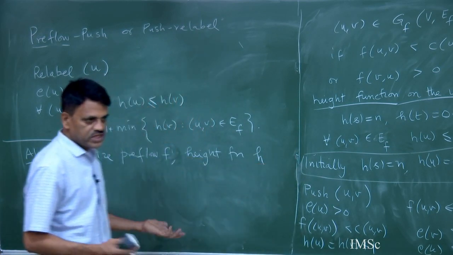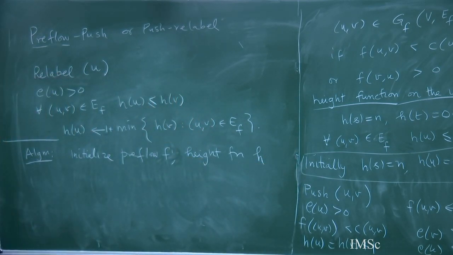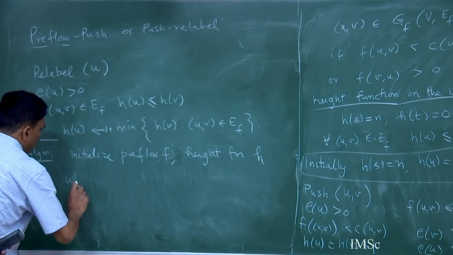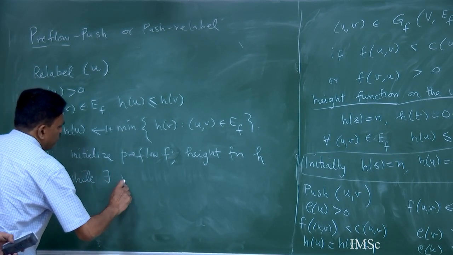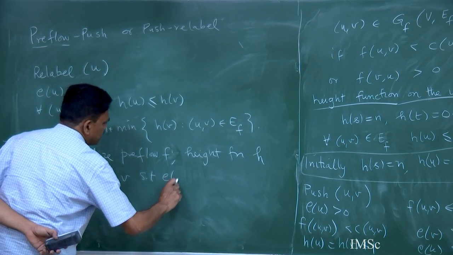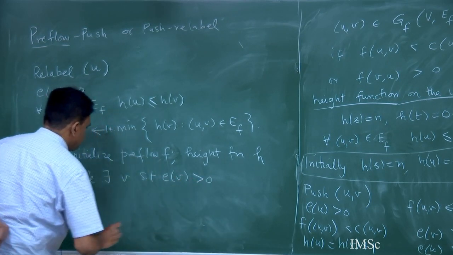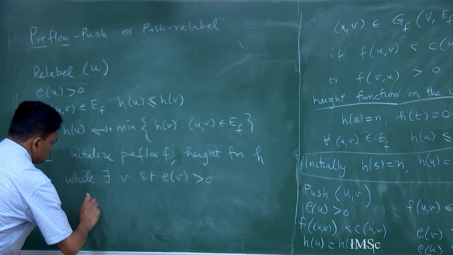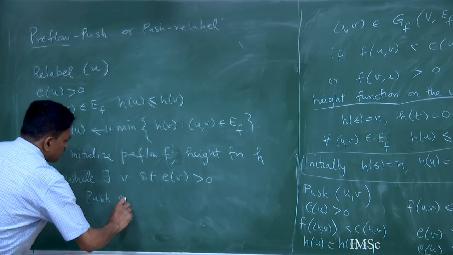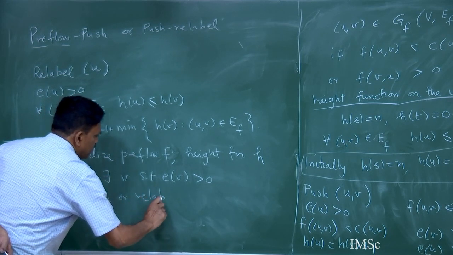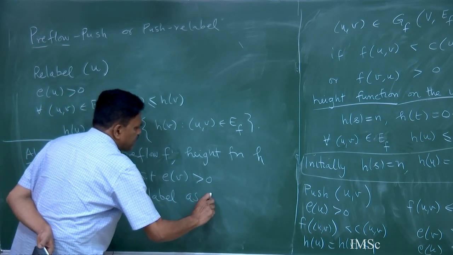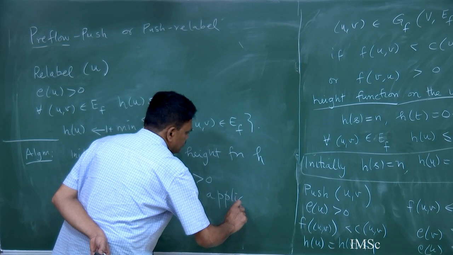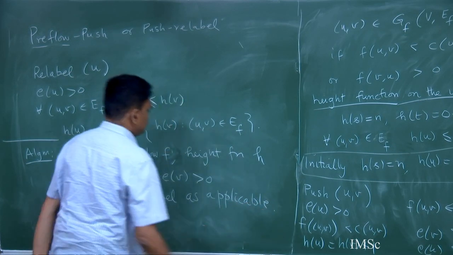I told you what the initial pre-flow is, that saturates edges out of S. While there exists V such that the excess of V is greater than 0, push or relabel as applicable. That's it.